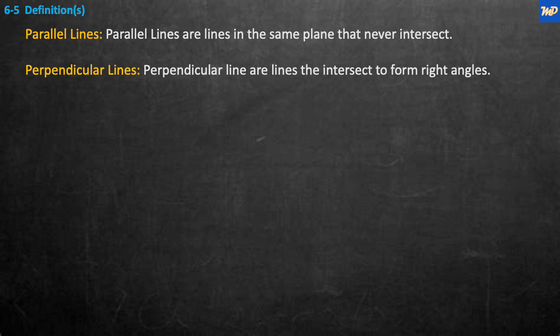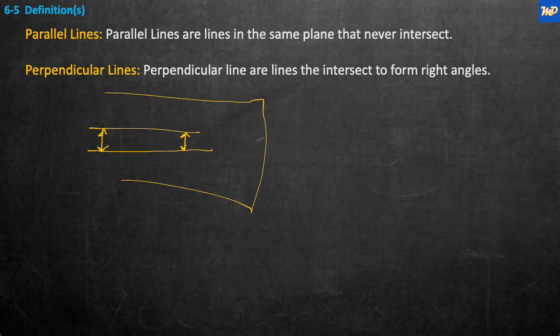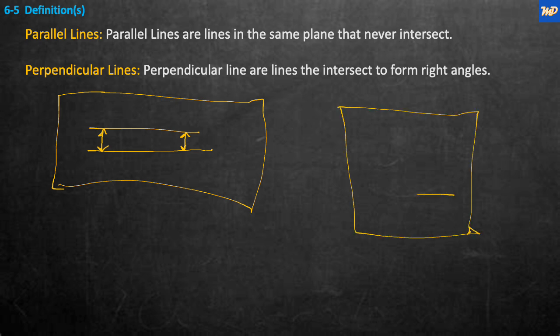Right, so we all know parallel lines. I'm going to draw them right here. Parallel lines are like this, right? In theory, the distance from here to here is exactly the same as the distance from here to here. And if that's the case, in this one plane that these two lines are living on, they'll never touch. Perpendicular lines in that same kind of plane: if you have a line like this, a perpendicular line comes through here.